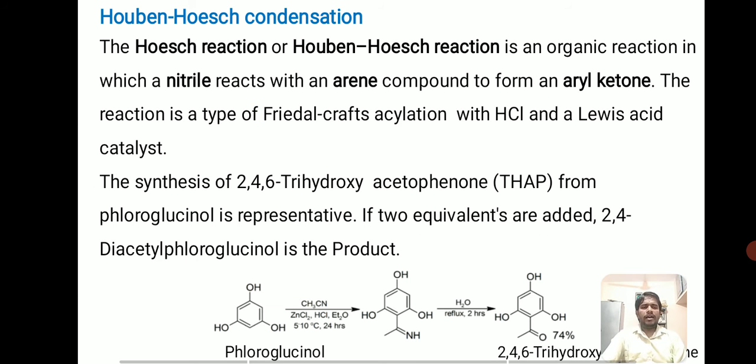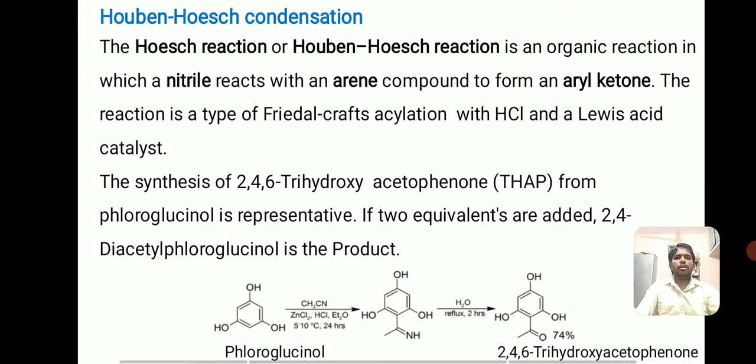Coming to the next reaction, that is the Houben-Hoesch condensation. This reaction is an organic reaction in which a nitrile, that is CH3CN, reacts with an arene compound to form an aryl ketone. Here the formation of a ketone takes place.